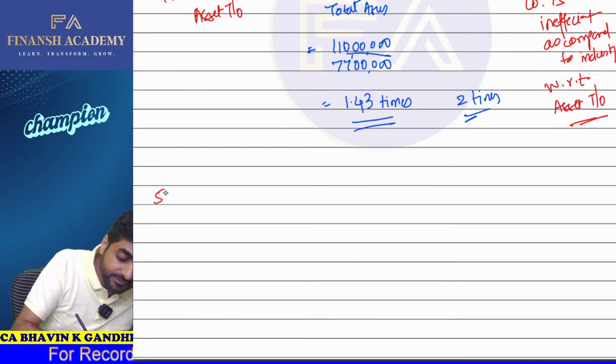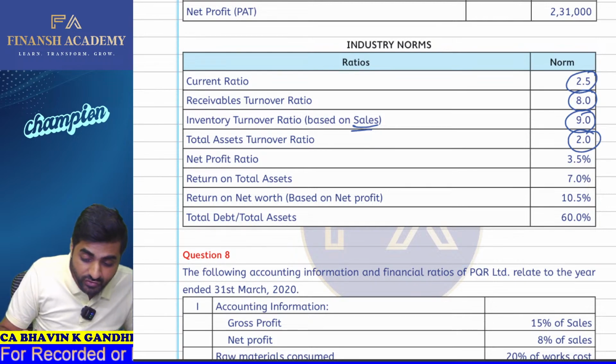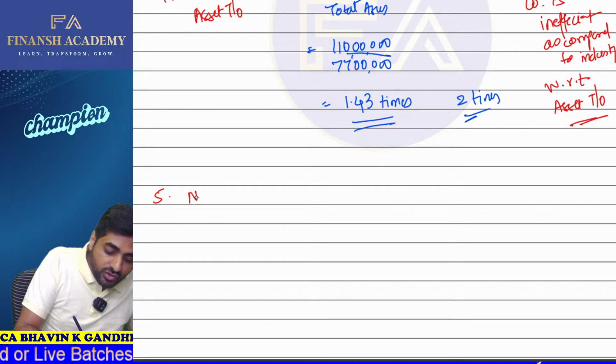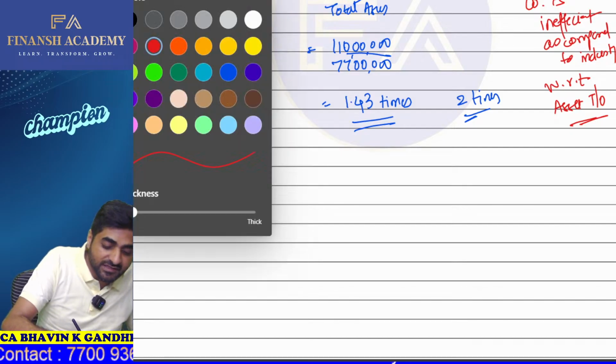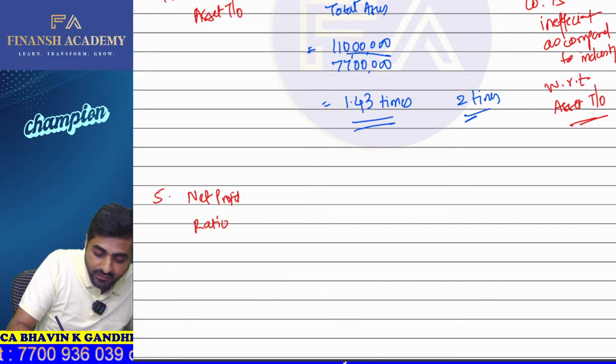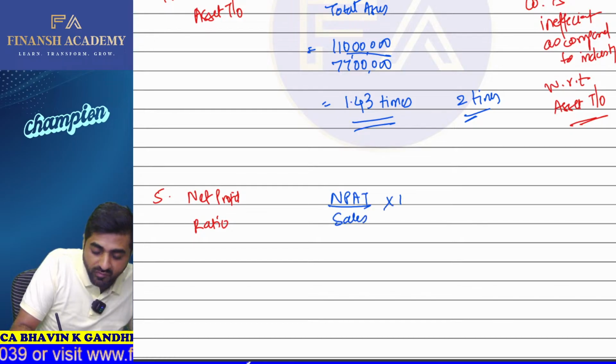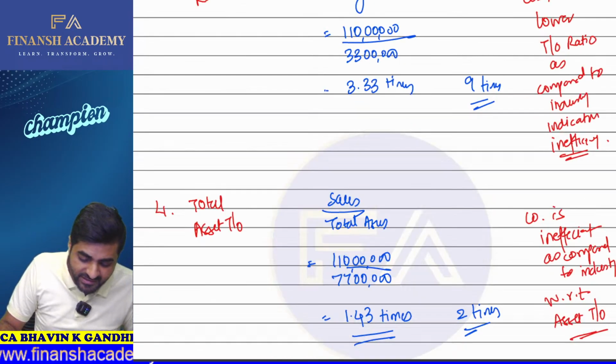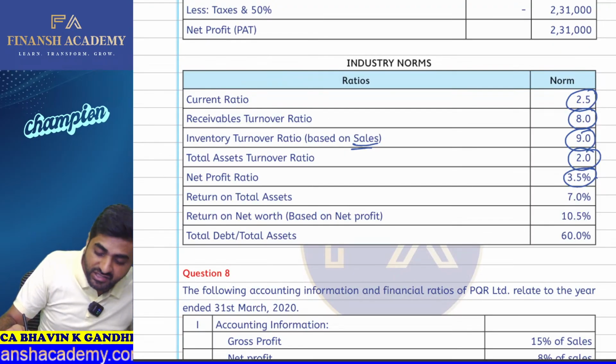Then fifth part. What is the fifth ratio? This is net profit ratio. So what's the formula for net profit ratio? Guys, the formula for net profit ratio will be very simple. NPAT upon sales into 100. Come on, you all know this. Do we have the amount of the NPAT? Come on, yes or no? Yes, sir, we do have the amount of the NPAT. Just check.